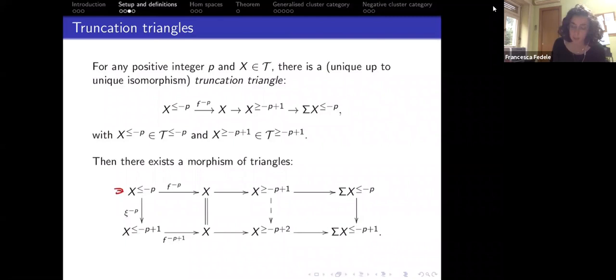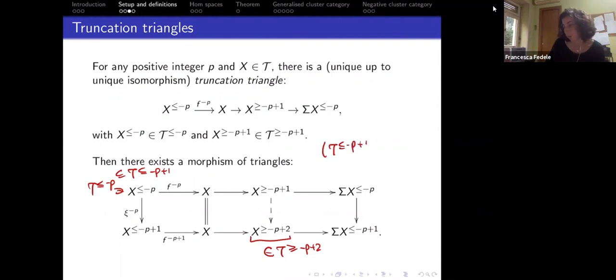This first object is in T^{≤-P}, and if you think a bit about it, you can convince yourself that it lies inside T^{≤-P+1}, the next t-structure. We also know this is inside T^{≥-P+2}. And we have that (T^{≤-P+1}, T^{≥-P+2}) is a torsion pair.